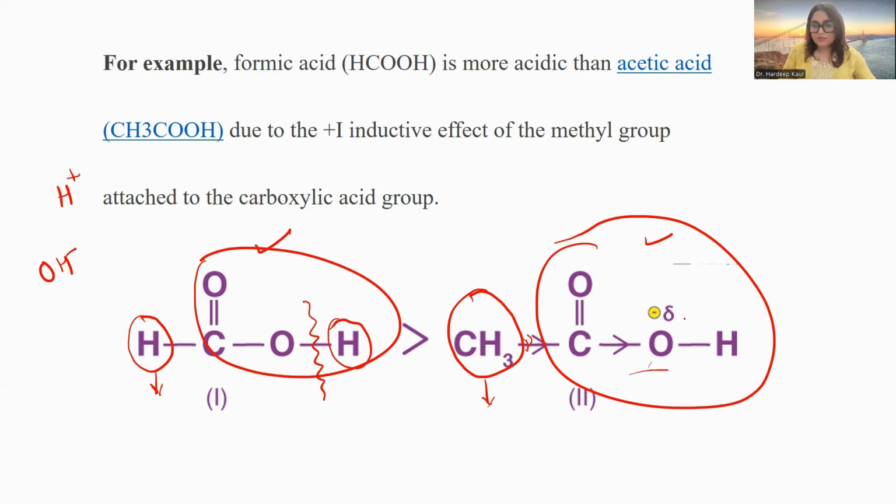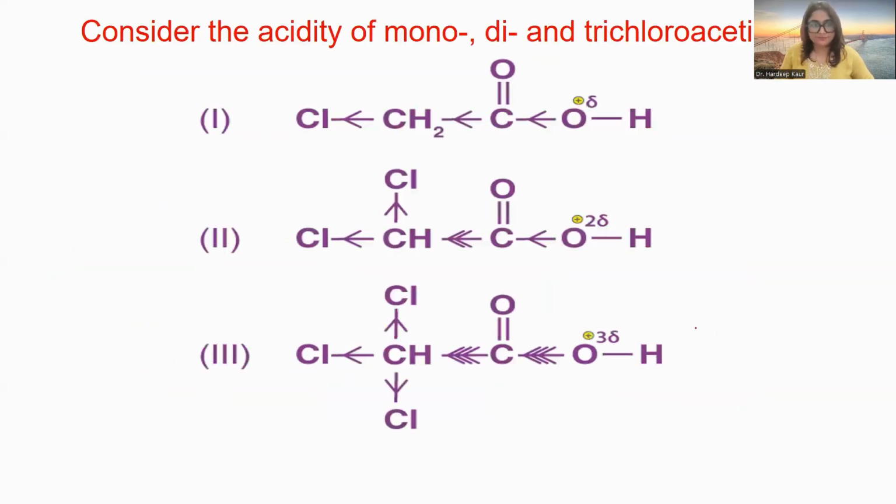So the polarization of the bond is toward this oxygen; it will attract the electrons, and it will be easy in case of this. But here it will not be easy because the methyl group is there. It will make this bond stronger. It will not easily be broken.